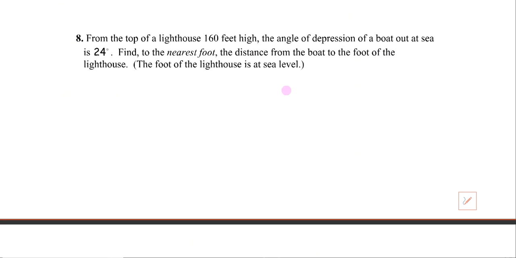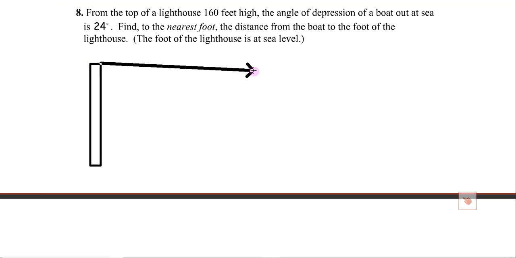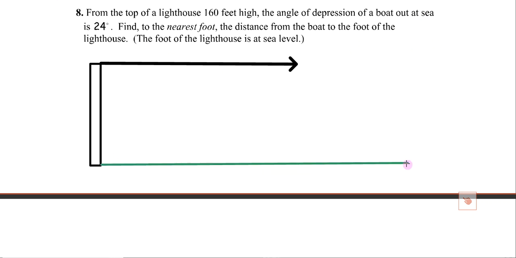So question 8 was it? Yes. So again, from the top of a lighthouse, I'm just going to draw my basic lighthouse. The angle of depression of a boat, this was a difficult one, wasn't it? So if you look out from the top of the lighthouse, and it says assume that the base of the lighthouse is at sea level.